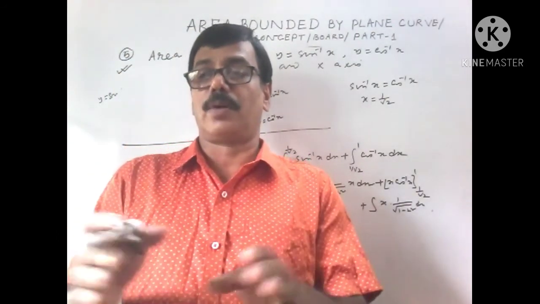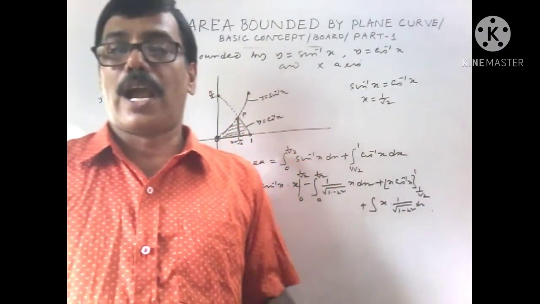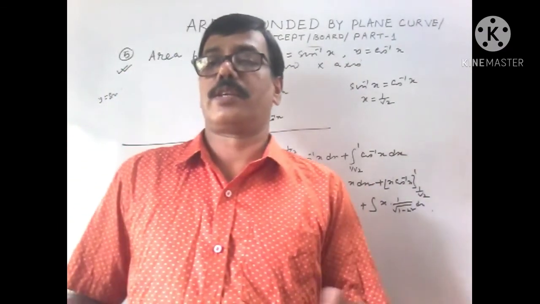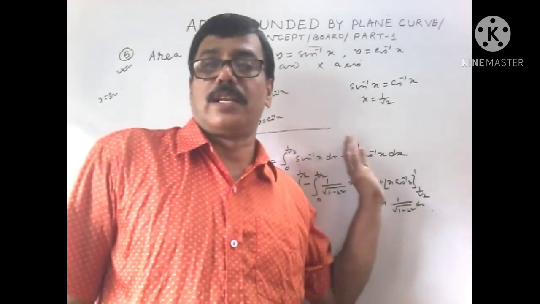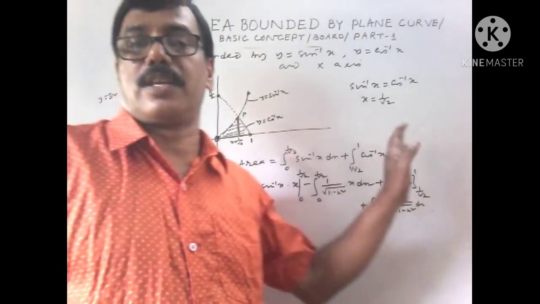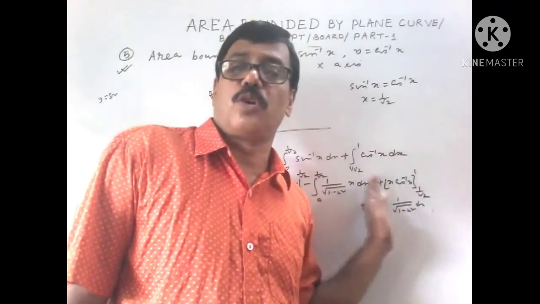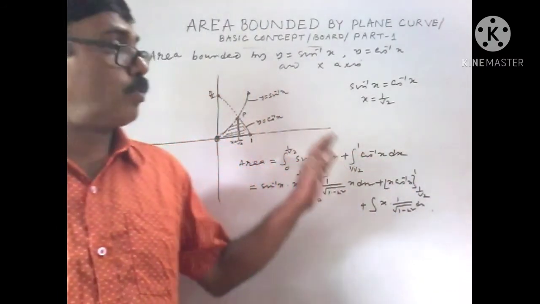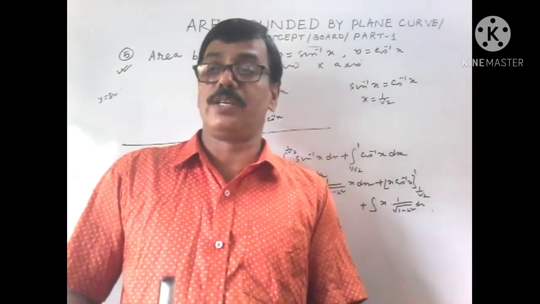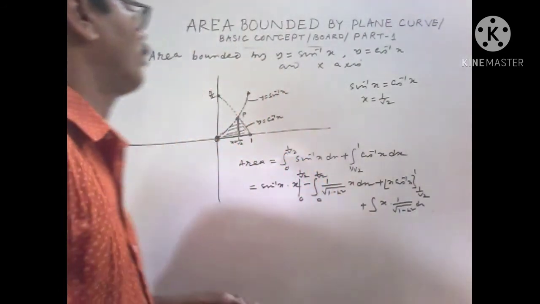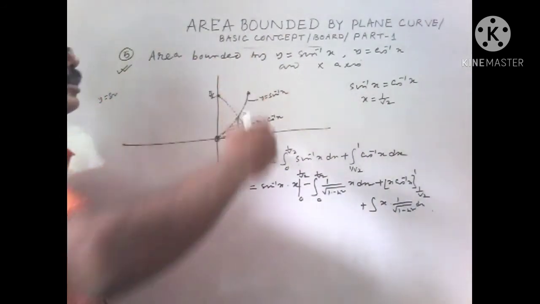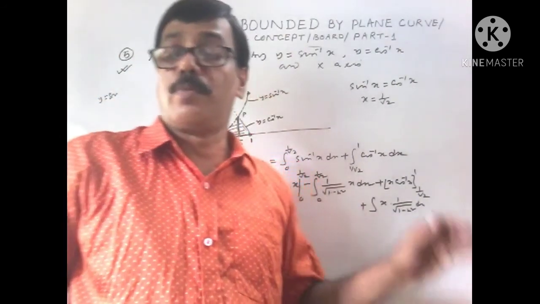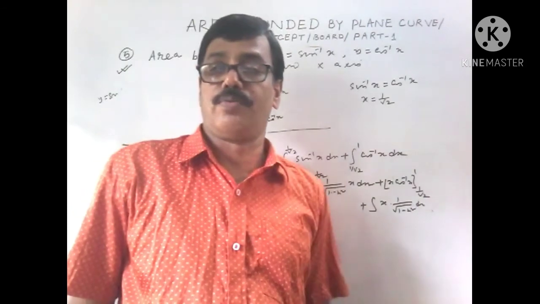Number 3, area bounded by 2 curves and x equals a to x equals b. We have done applications for each formula, 2 or 3 problems. Number 4, area bounded by 2 intersecting curves. And number 5, area bounded by 2 curves in a to b if we get only one point of intersection.